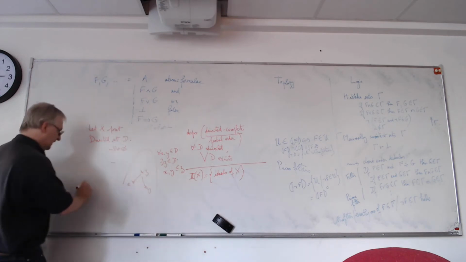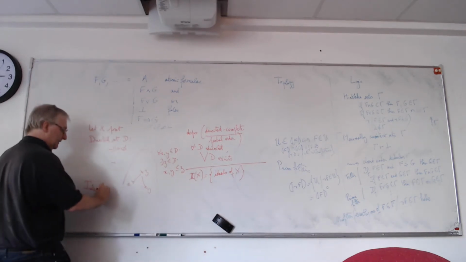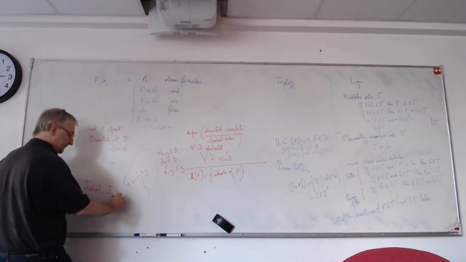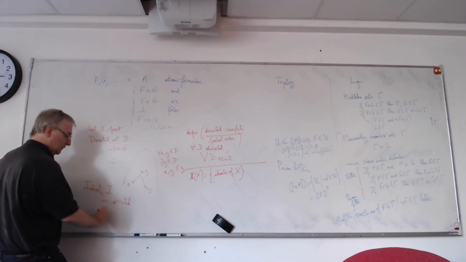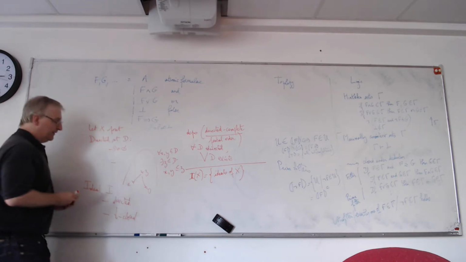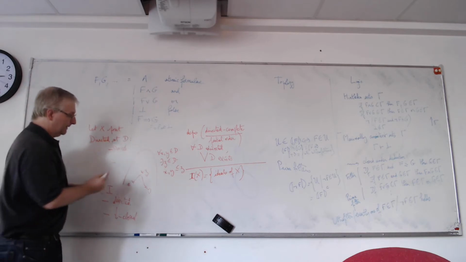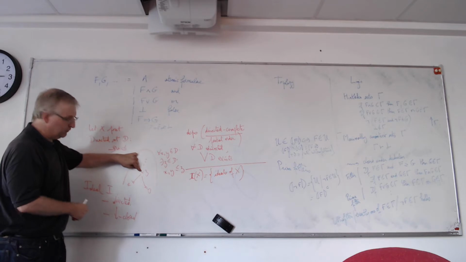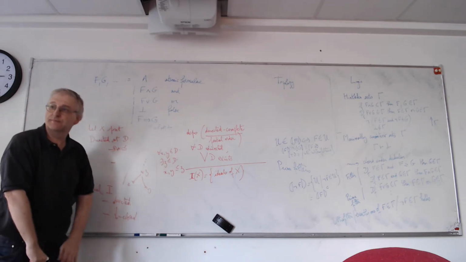An ideal I is a directed set which is downward closed. So it's a set like this, but each time you have a point, you also have all the points below.